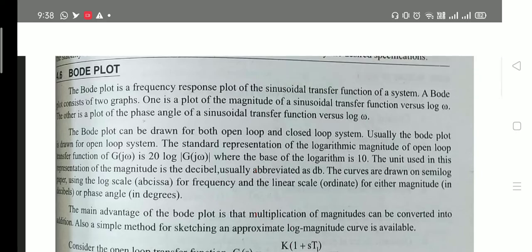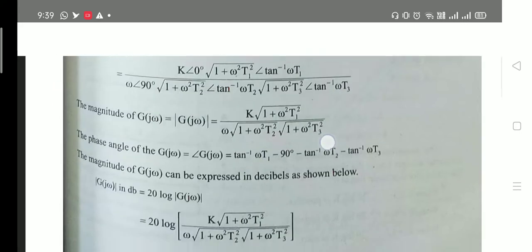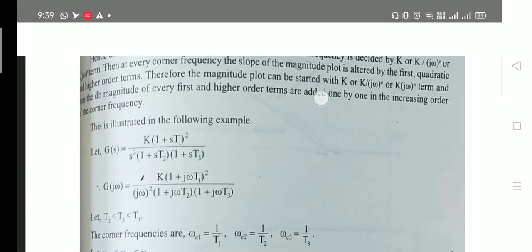Then we find the magnitude of the system with the different corner frequencies, and in the same way, with the different corner frequencies, we find the phases also. How we can represent that, I can explain in problems. It is clear in problems.